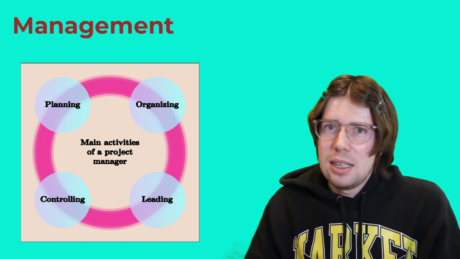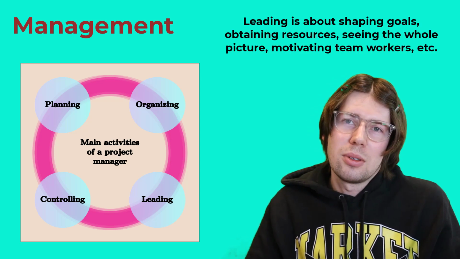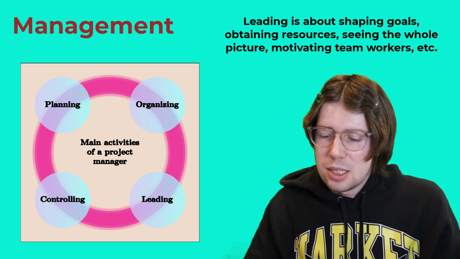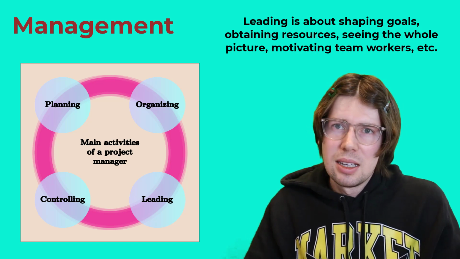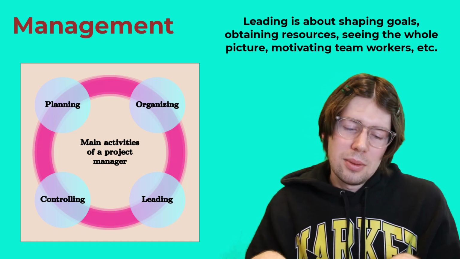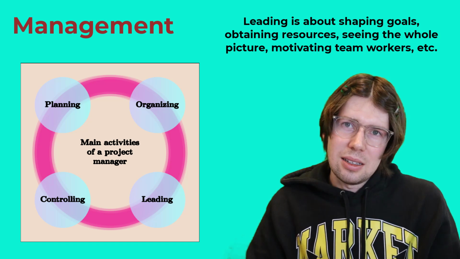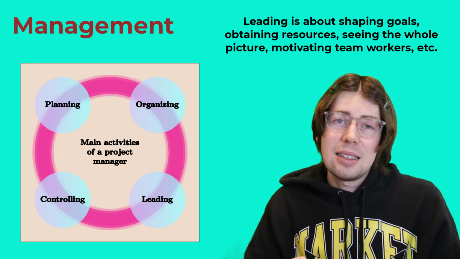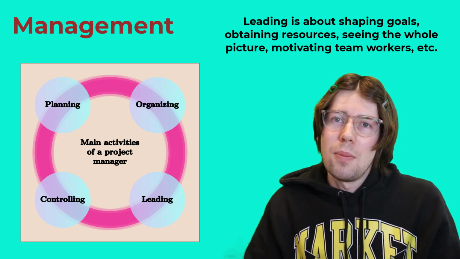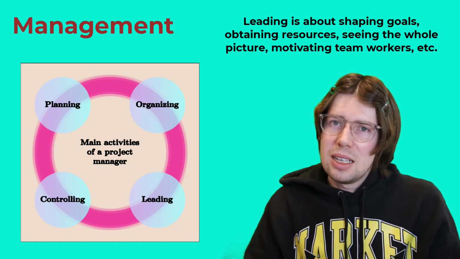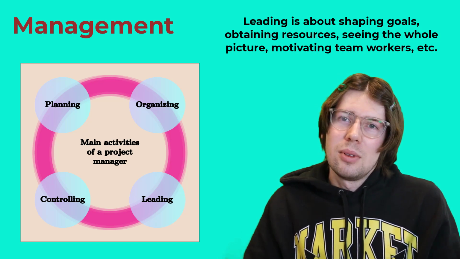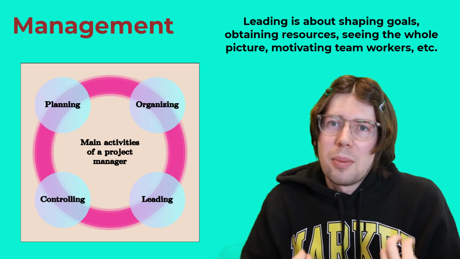And the final thing is leading. So the fourth category of main project management tasks and responsibilities is leading. Now, the difference between management and leading is a very big topic on its own. The thing about project management is that if you are a project manager, you're both a manager and a leader.